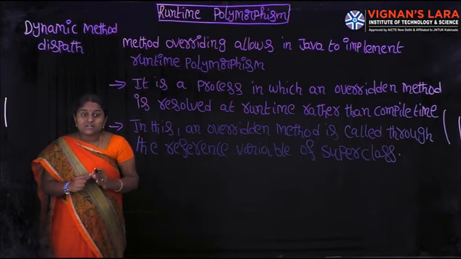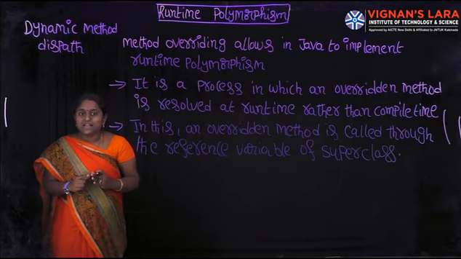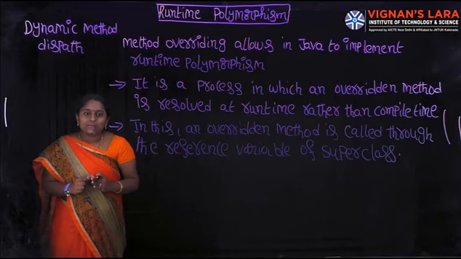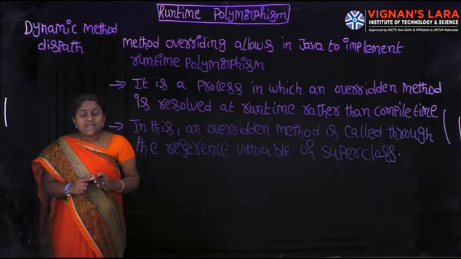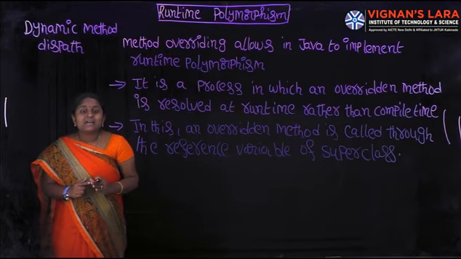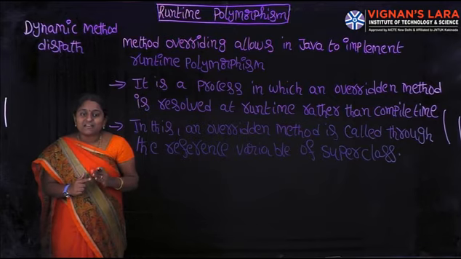In this process, JVM takes the decision at runtime, or dynamic time. This process is called runtime polymorphism or dynamic method dispatch. In this process, a superclass reference can refer to the subclass object.